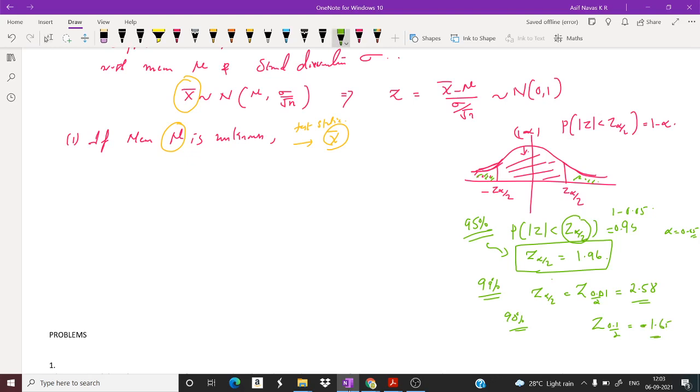So last class we discussed the confidence interval for the population mean.